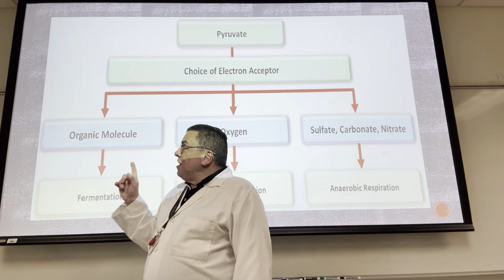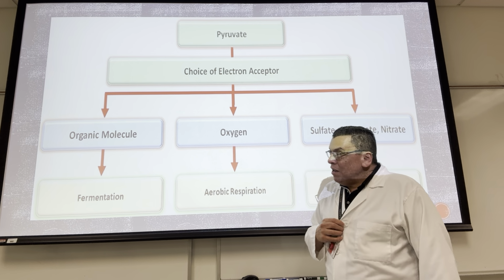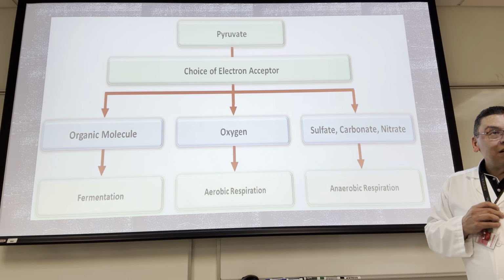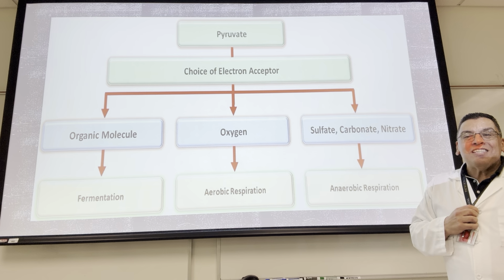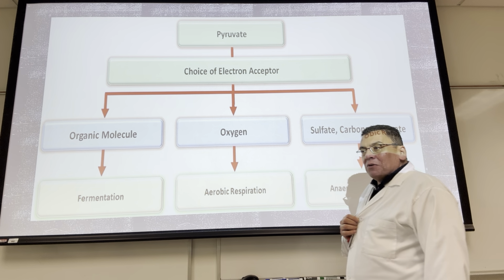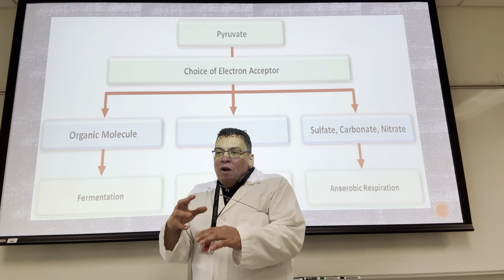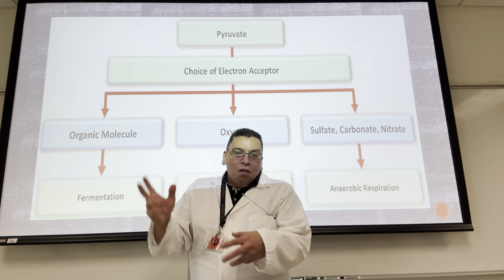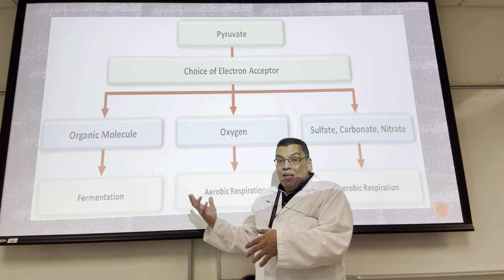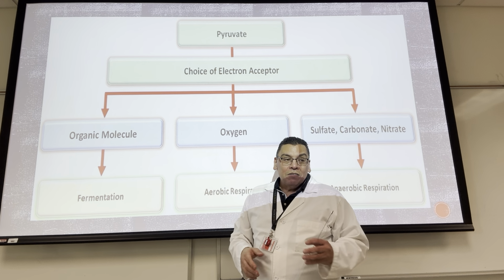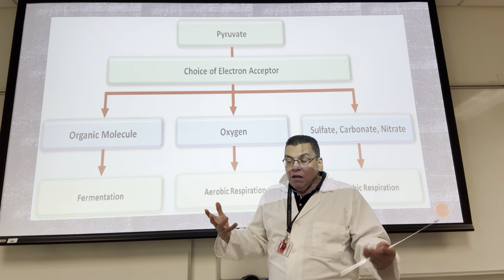Is there another choice? Yes, and that is an organic molecule. When you are fermenting, and this is the one that some students forget about, there's still a final electron acceptor. When they think about final electron acceptor, they're waiting to see the complexes and the ubiquinone and the cytochrome C. But no, the final electron acceptor of fermentation is an organic molecule. It doesn't have to go through the complexes. It can go directly to an organic molecule in fermentation.